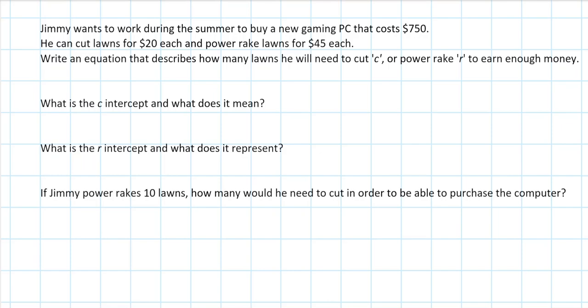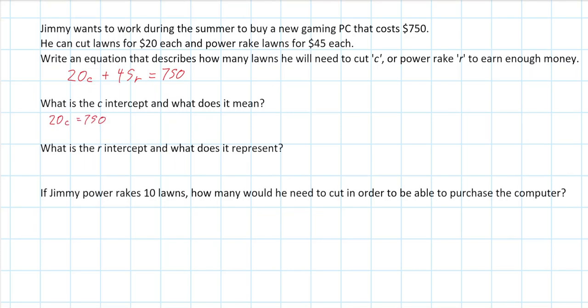Okay, so the equation would be 20C, so every time he cuts a lawn, he would get $20, plus 45R, so every time he power rakes, he would get $45. And we want that to equal $750. So what is the C-intercept and what does it mean? Well, if it's the C-intercept, it's where R equals 0. So 20C equals 750.